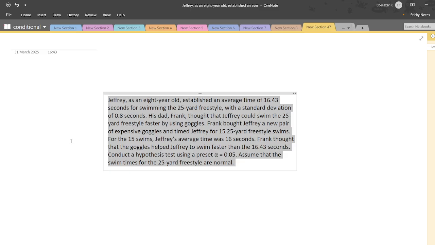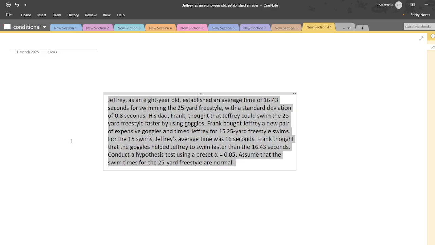So Jeffrey, as an 8-year-old, established an average time of 16.43 seconds for swimming the 25-yard freestyle with an SD of 0.8 seconds. Frank thought Jeffrey could swim the 25-yard freestyle faster by using goggles.